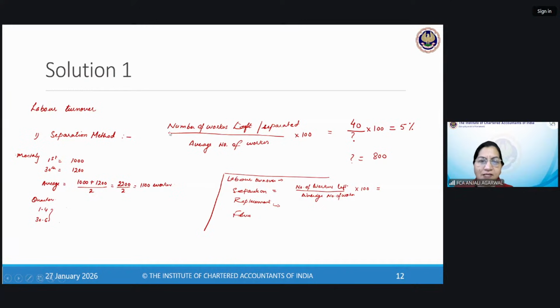Because the answer is in percentage, you don't write the percent sign. If you write it as a percentage, it will give you a different answer.